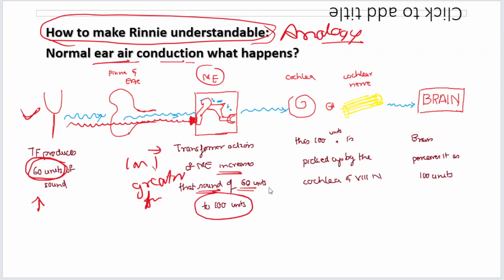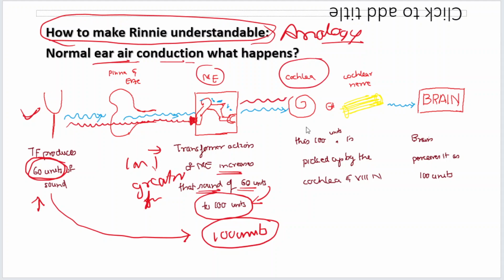So it is increasing from 60 units to 100 units. Because of the transformer action, the sound that was actually 60 units has become 100 units, and this 100 units is presented to the cochlea. The cochlea doesn't do anything, it just transmits it to the cochlear nerve, which transmits it to the brain. The brain, what does it perceive? It perceives it as 100 units.